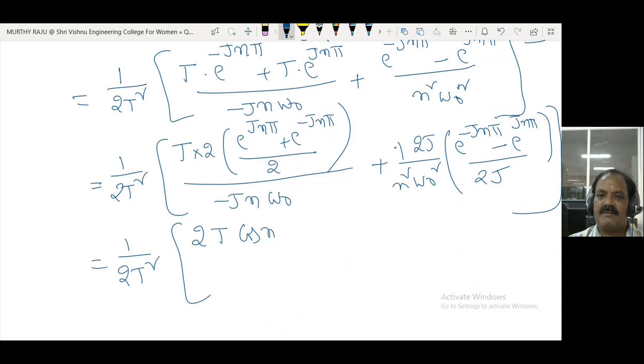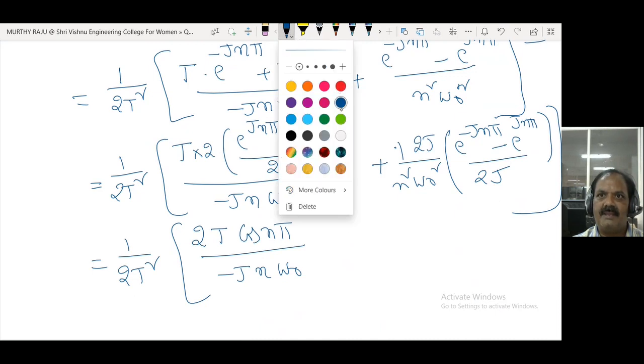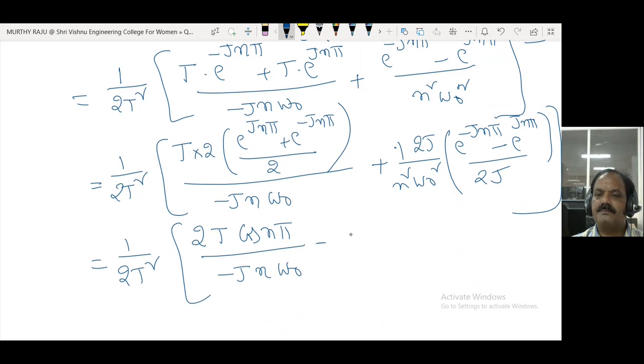That is cos n pi by minus j n omega naught, plus here the plus sign is changed to minus, 2j by n square omega naught square, e power j n pi minus e power minus j n pi by 2j.